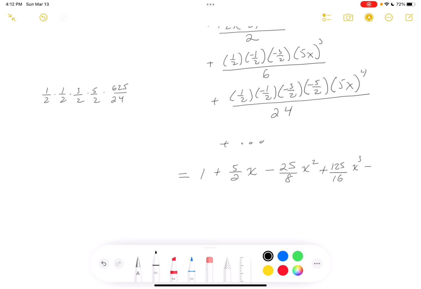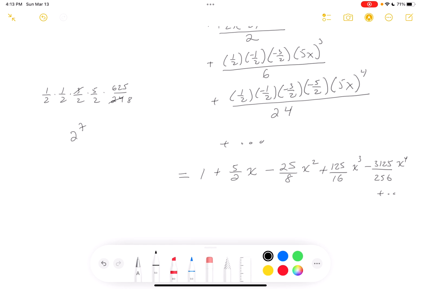Well, let's see, 3 goes into 3 once, and it goes into 24 8 times. Oh boy, that's going to be a big number, right? 3,125 x to the fourth power. The bottom number is going to be, let's see, 1, 2, 3, 4, 2 to the 7th. Let's see, 2 times 4 is 8, 16, 32, 64, 128, 256.